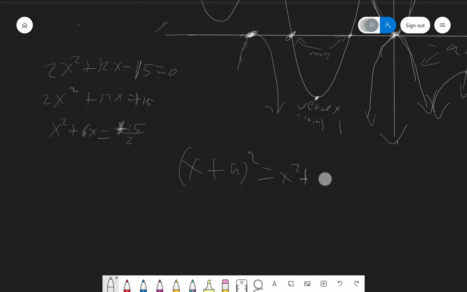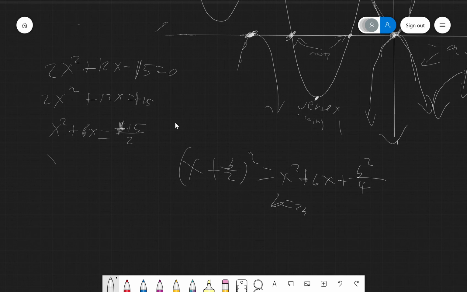So let's say we had bx again plus c, where we're solving for c. Because b equals 2n, when we expand this, then n equals b over 2. So we'd have x plus b over 2 whole squared. So we'd add b squared over 4 on both sides, right?